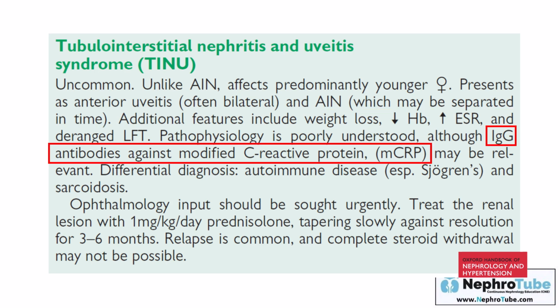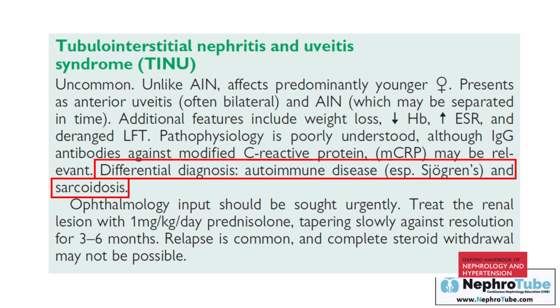Additionally, there will be weight loss, anemia, increased ESR, and maybe deranged liver function tests. The pathophysiology of tubulointerstitial nephritis with uveitis is not well known. Some references mention that there are IgG antibodies against modified C-reactive protein that is deposited in the tissues and causes injury. And for sure, the differential diagnosis of these cases includes autoimmune diseases that may affect the eye and the kidney at the same time, such as Sjogren's syndrome and sarcoidosis.